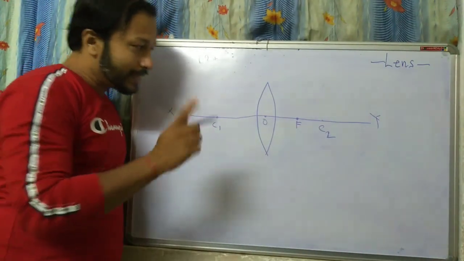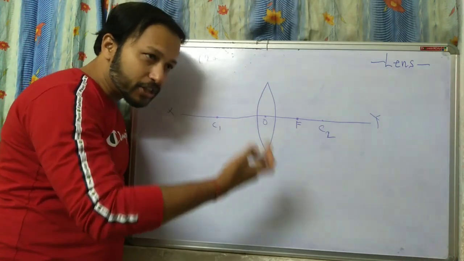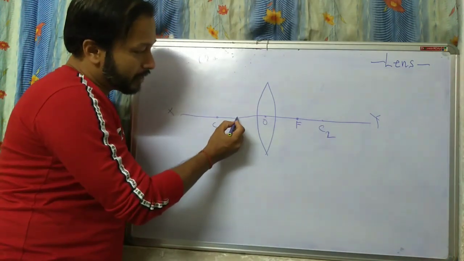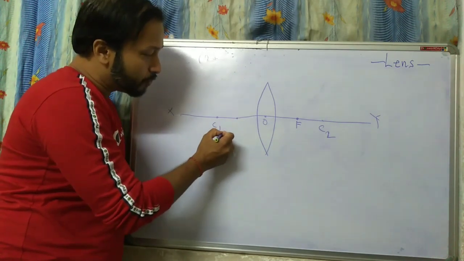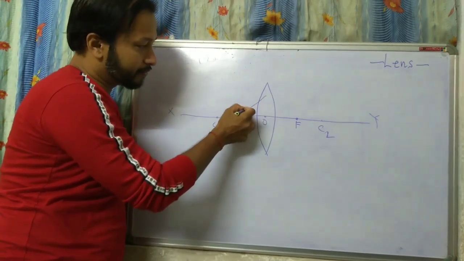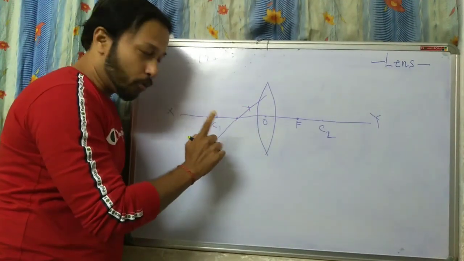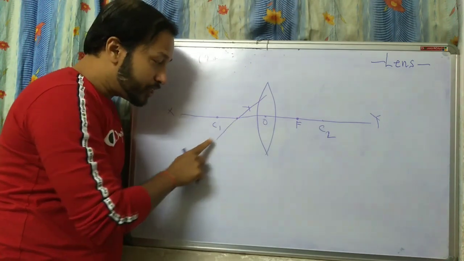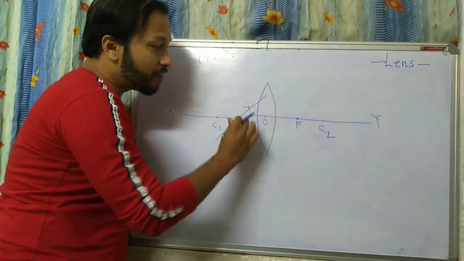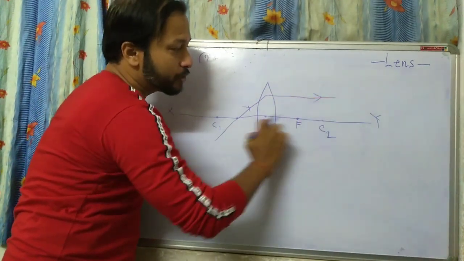Now, in the same way, if you think in a reverse way, there is a particular point, only one point here, a special point through which if you pass a ray, after crossing this lens, the ray will become parallel to this principal axis.